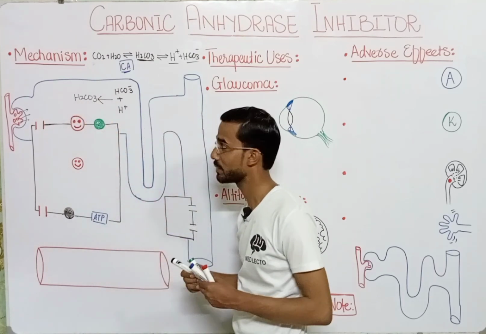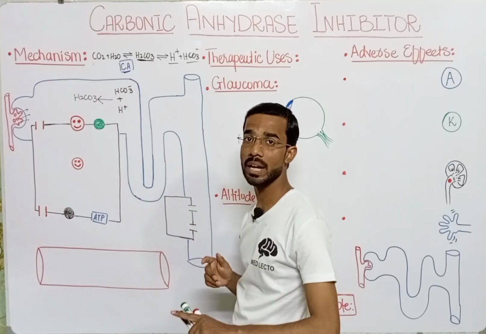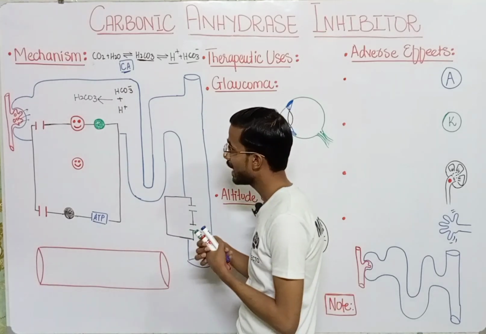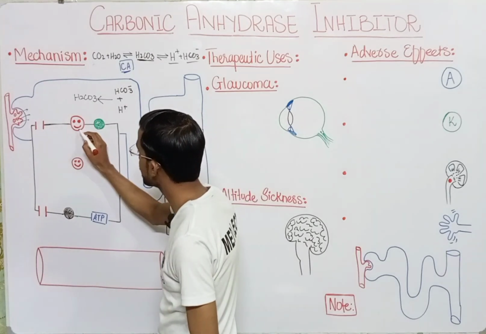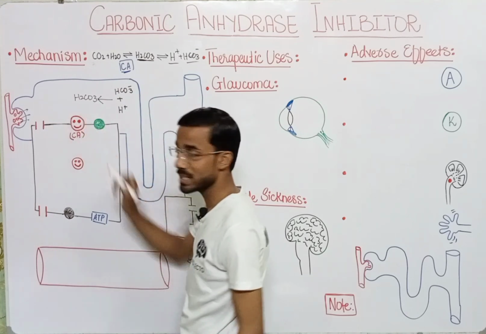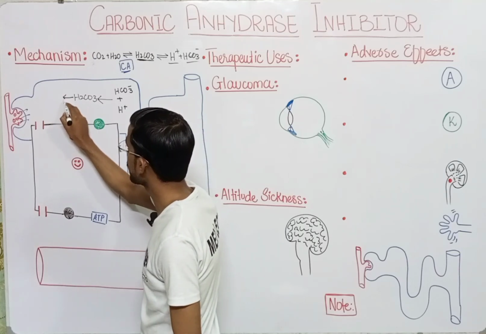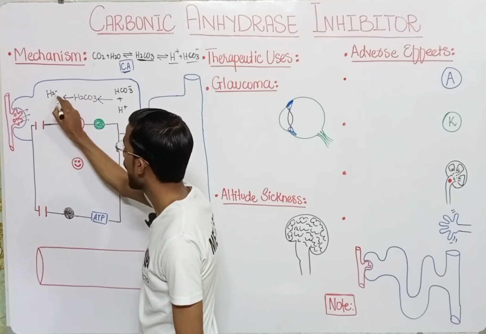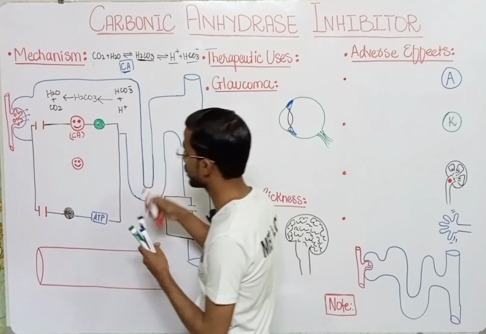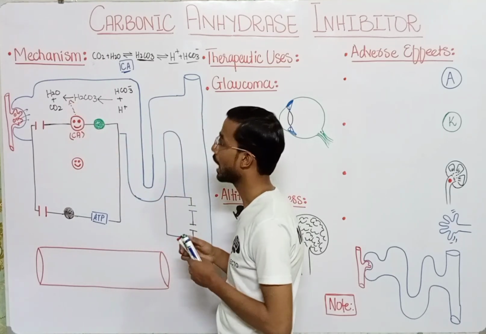H2CO3. This carbonic acid converts into carbon dioxide and water with the help of the carbonic anhydrase enzyme. Here you can see the smiling face; this is the carbonic anhydrase enzyme, which is involved in the formation of water and carbon dioxide.